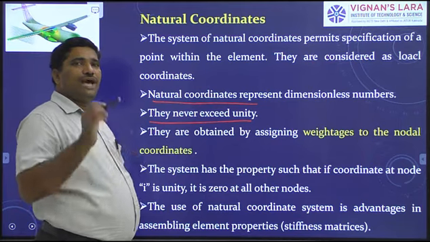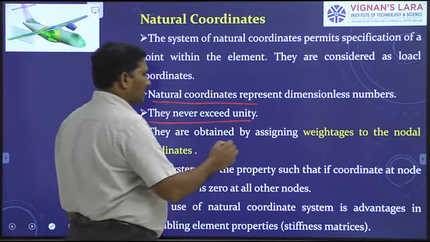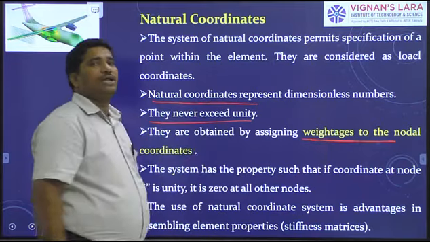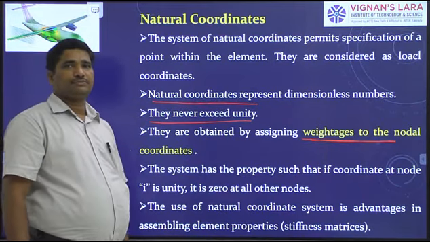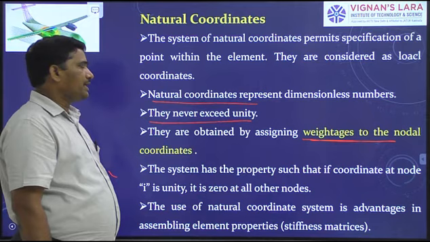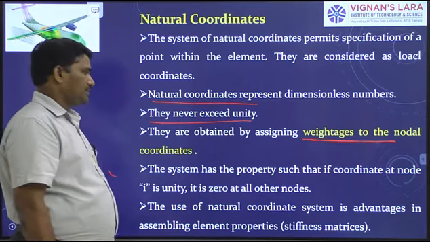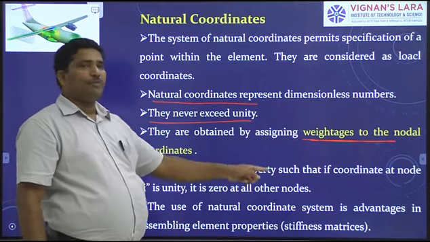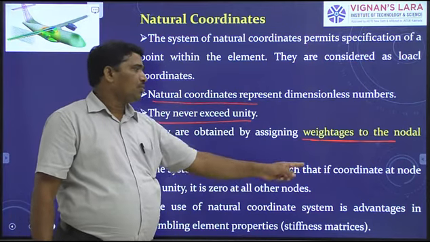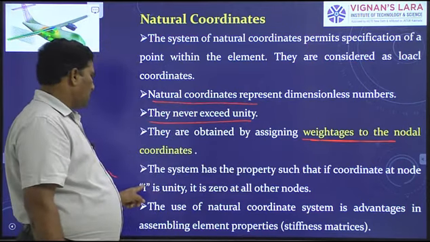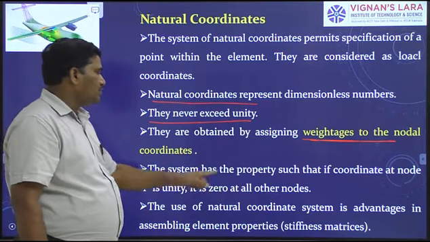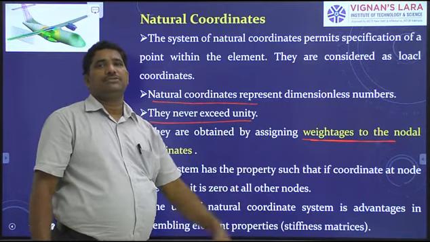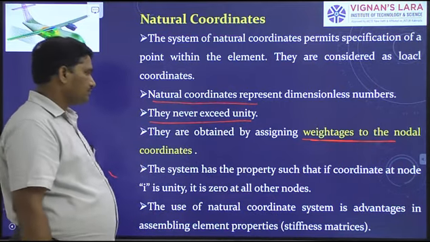Next, how are they obtained? The natural coordinates are obtained by assigning weightages to the nodal coordinates. Now, the system has the property such that if the coordinate at node I is unity, it is 0 at other nodes. That we see when we derive the natural coordinates.